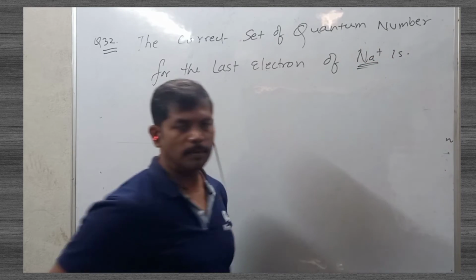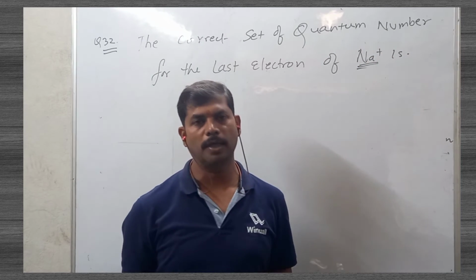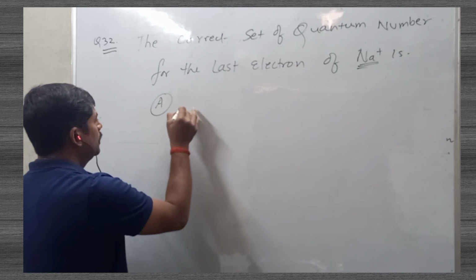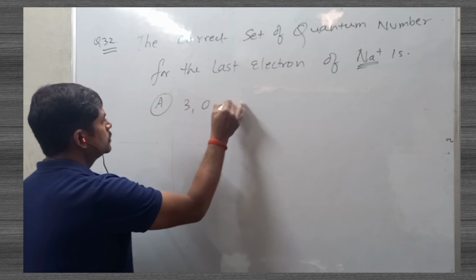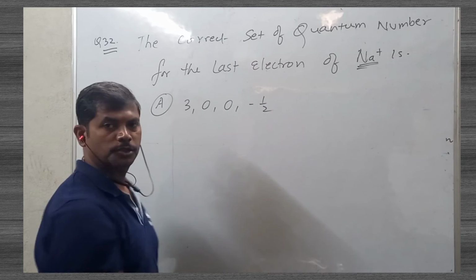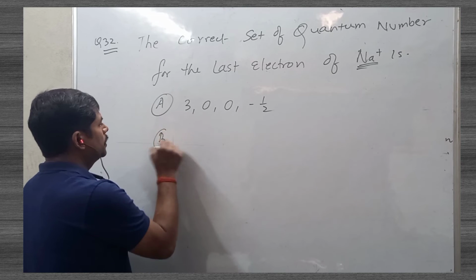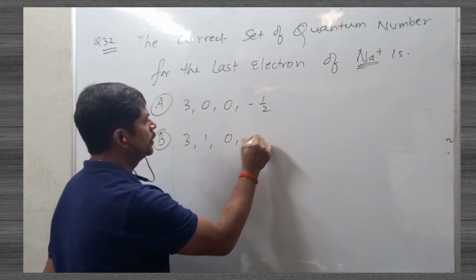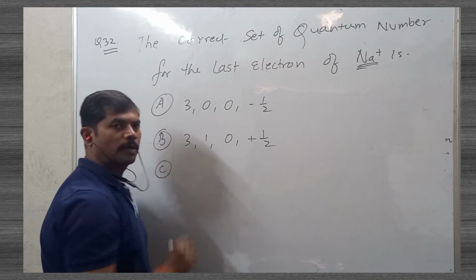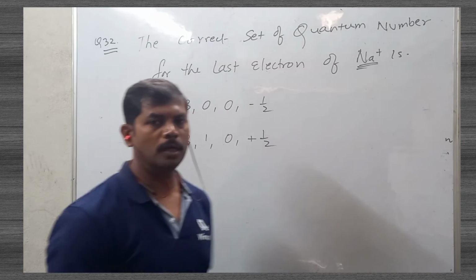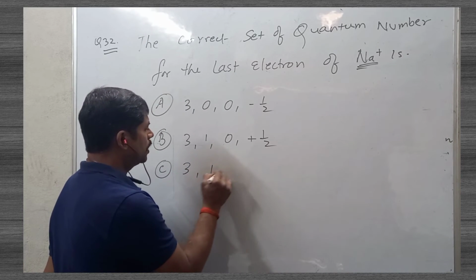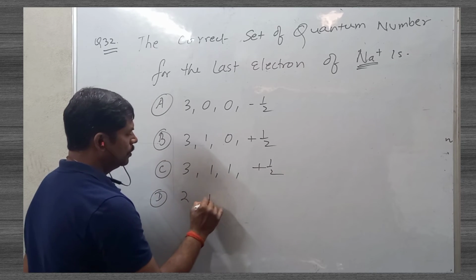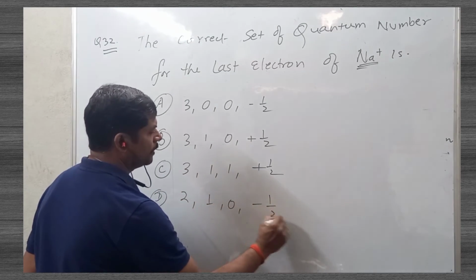It means that it is asking about the last electron, what is its position and where it will be set. So here the options are given. In option A, that is 3, 0, 0, minus 1 by 2. If I talk about B, 3, 1, 0, plus half. And C, 3, 1, 1, and half, and the D option will be 2, 1, 0 and half.